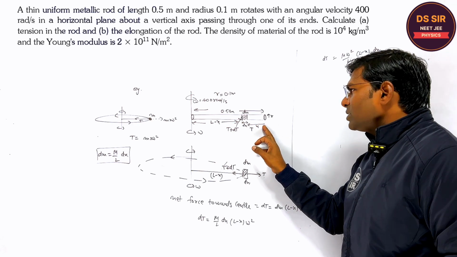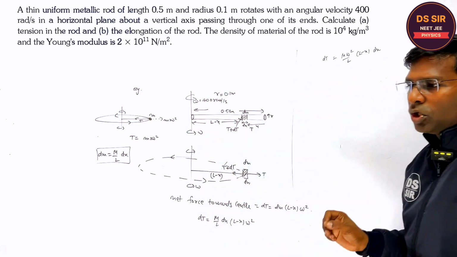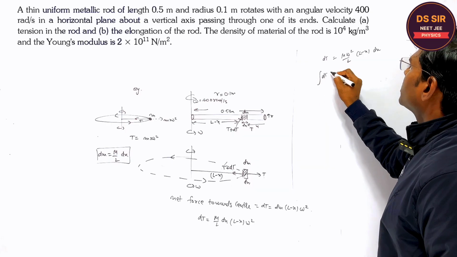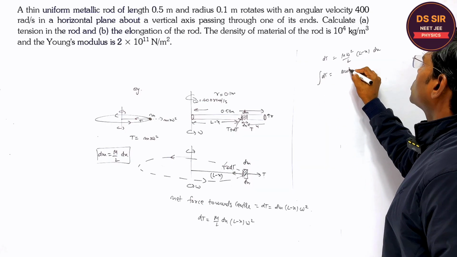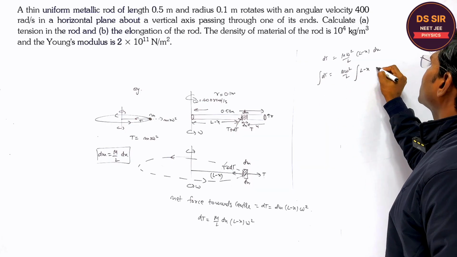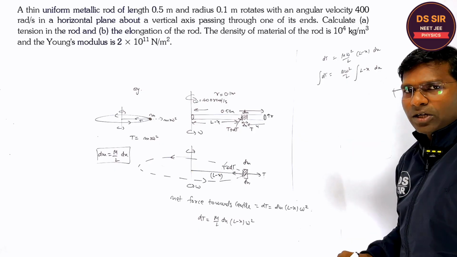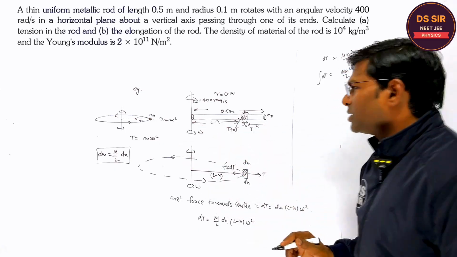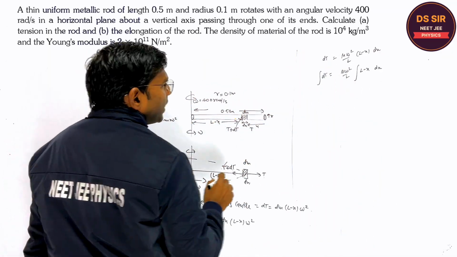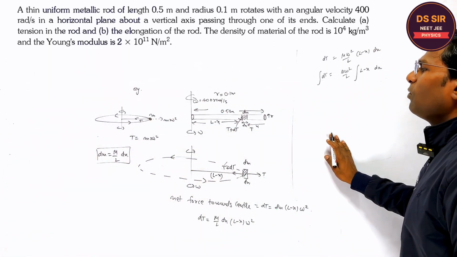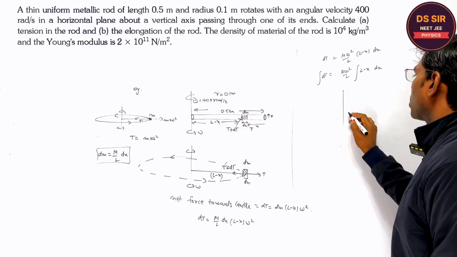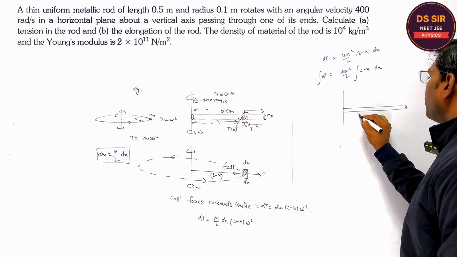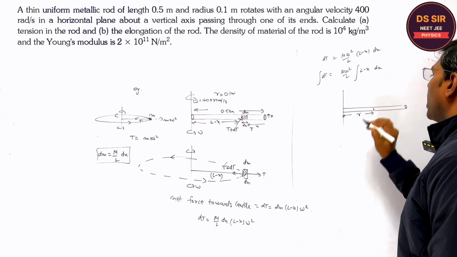So from this end, as a function of x, you can find the tension. If you integrate this, m omega square upon L, integrate L minus x into dx, it varies from 0 to any point. Listen one thing, suppose this is the rod, and you want to find the tension as a function of r.